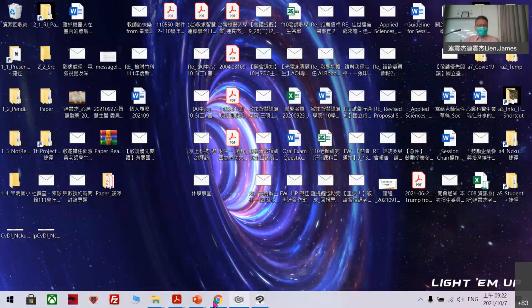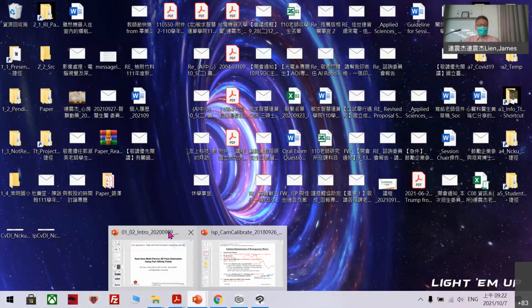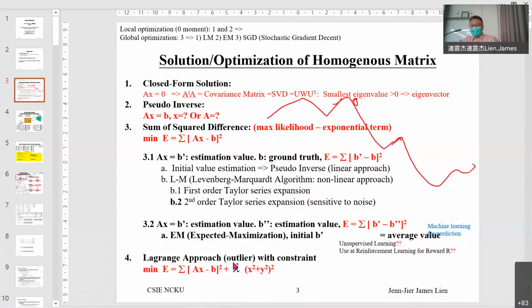So back to here. It's easy because when we solve using the Lagrange approach, we can still use the gradient descent method to solve the Lagrange approach. So people don't use EM, don't use LM.